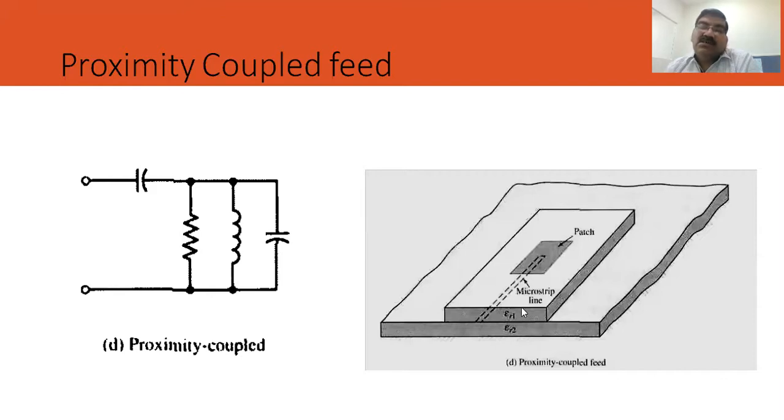So this is somewhat complicated to design, not as easy as compared to the microstrip line feed and the probe feed, in which you use only a single substrate. Here two substrates are used. So this is the proximity coupled feed.